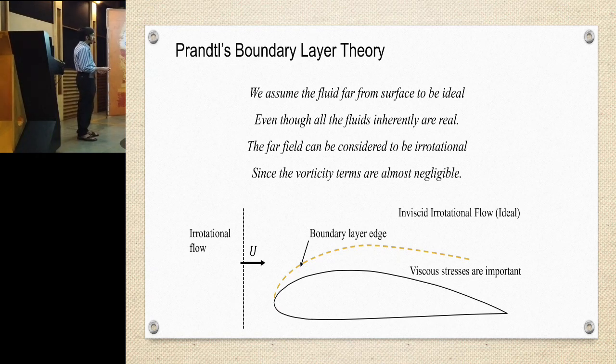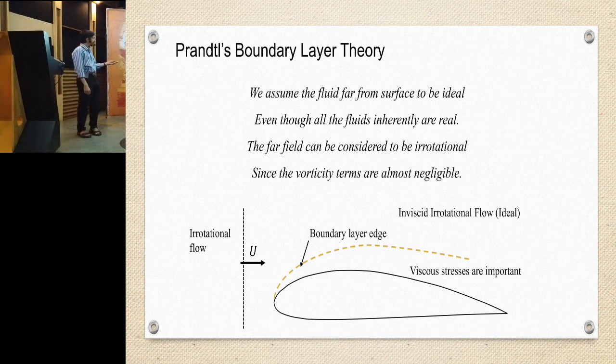The far field can be considered to be irrotational, since the vorticity terms are almost negligible. Now we saw that if there is no oncoming vorticity here, in an inviscid irrotational fluid, which is called an ideal fluid, new vorticity cannot be generated.